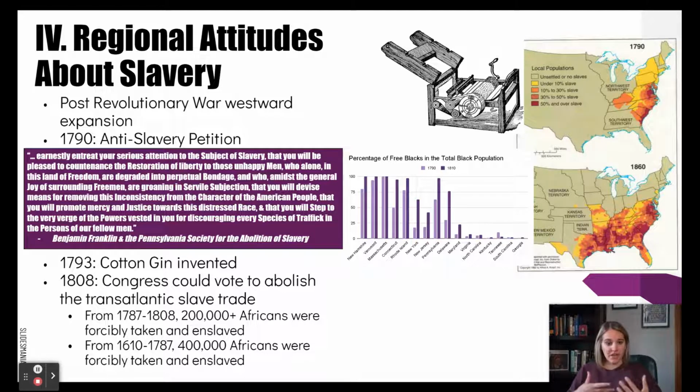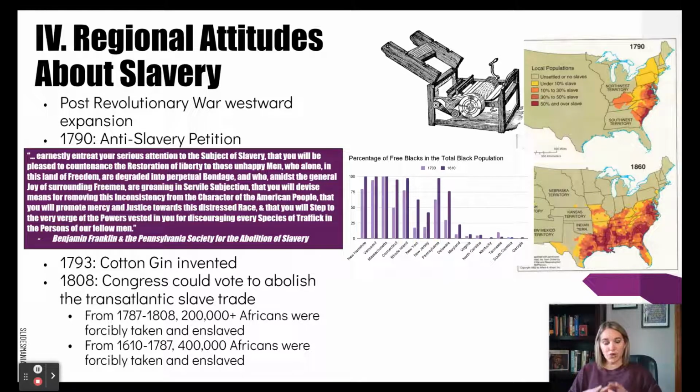So while areas like Pennsylvania are petitioning Congress, the federal government, to do something about slavery, we do see states beginning to emancipate the enslaved persons in their state. So as you can see on that graph, our states in New England have much higher populations of free Blacks than, of course, our southern and future Western states.